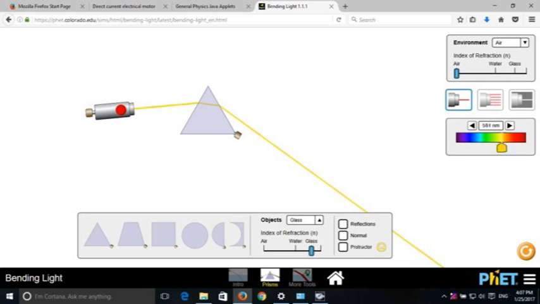When you take red, the wavelength is more. When the wavelength is more, the frequency is less. You have studied Planck's law that when the frequency is less, the energy associated with it is less. So E is equal to h nu. When nu is less, E is less.